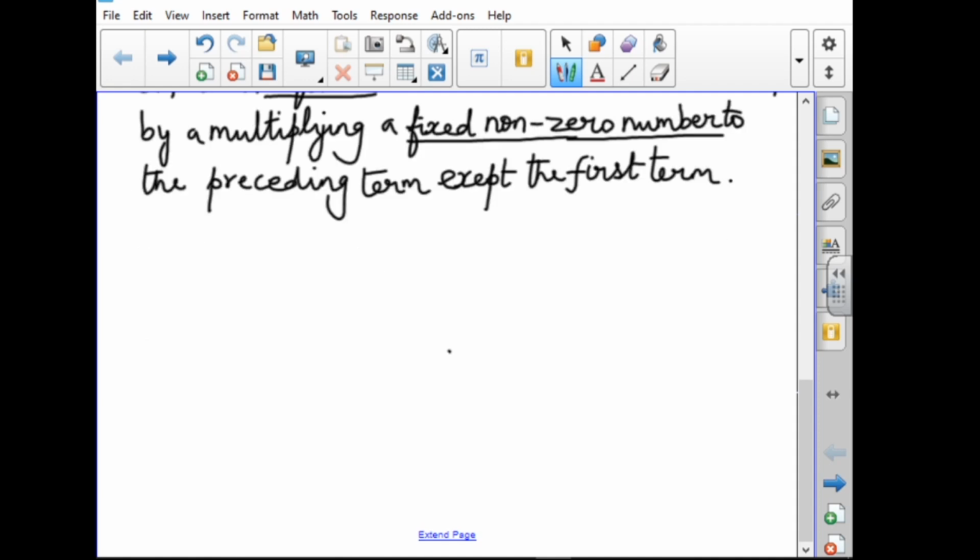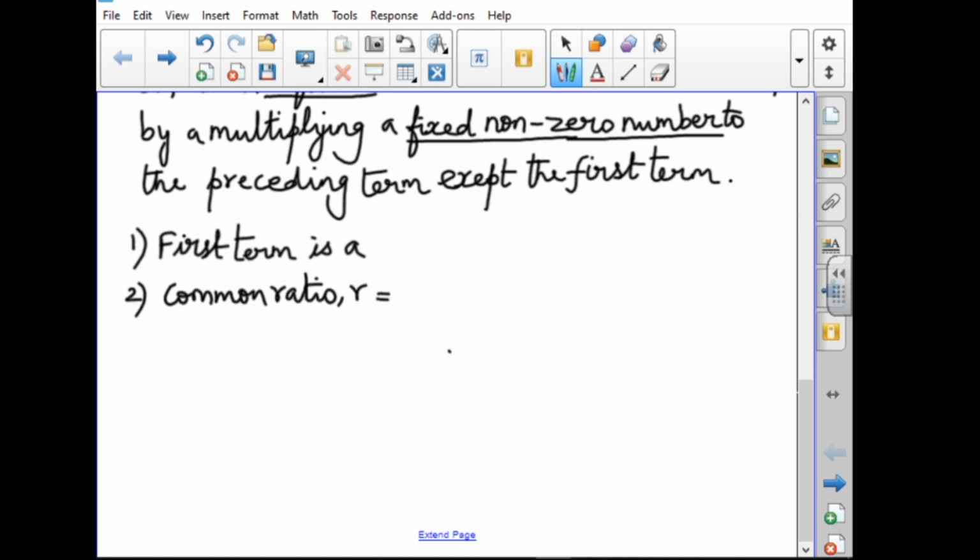Here we have some notations, same like arithmetic progression. The first term we denote as A. Second, the common ratio, denoted by the symbol R. It is given by the formula T2 by T1 equal to T3 by T2.